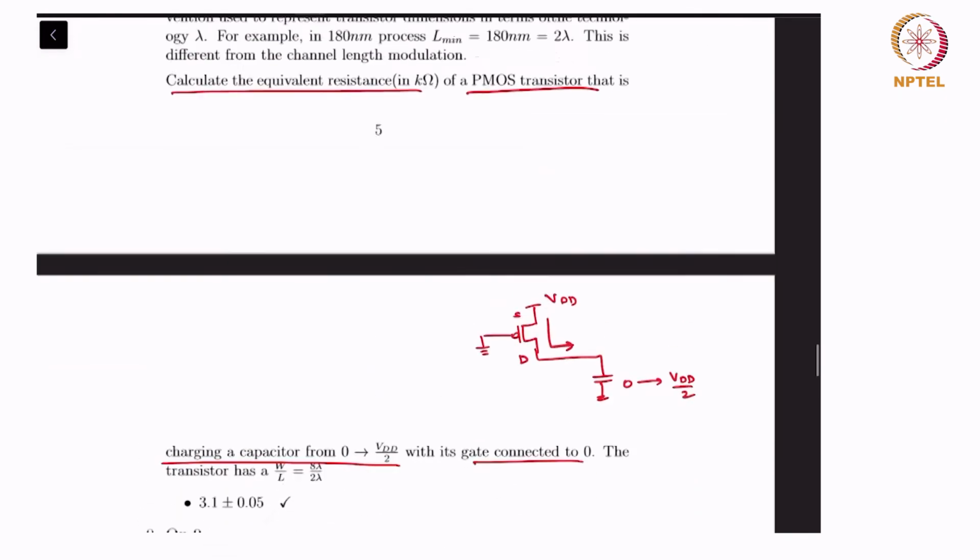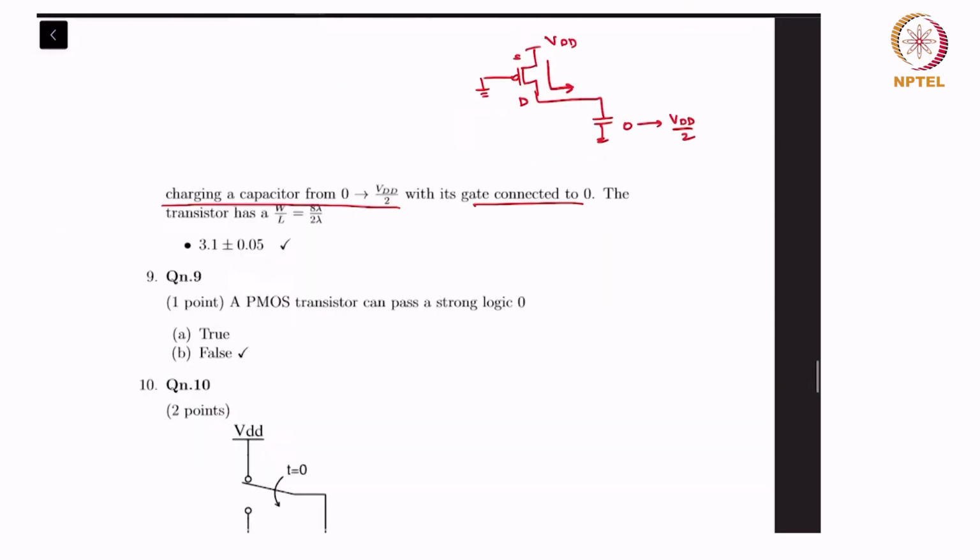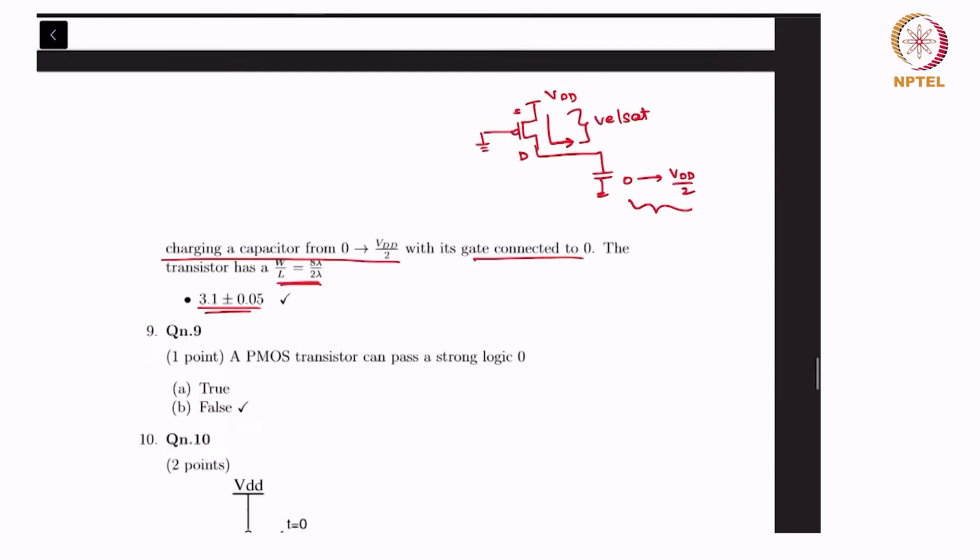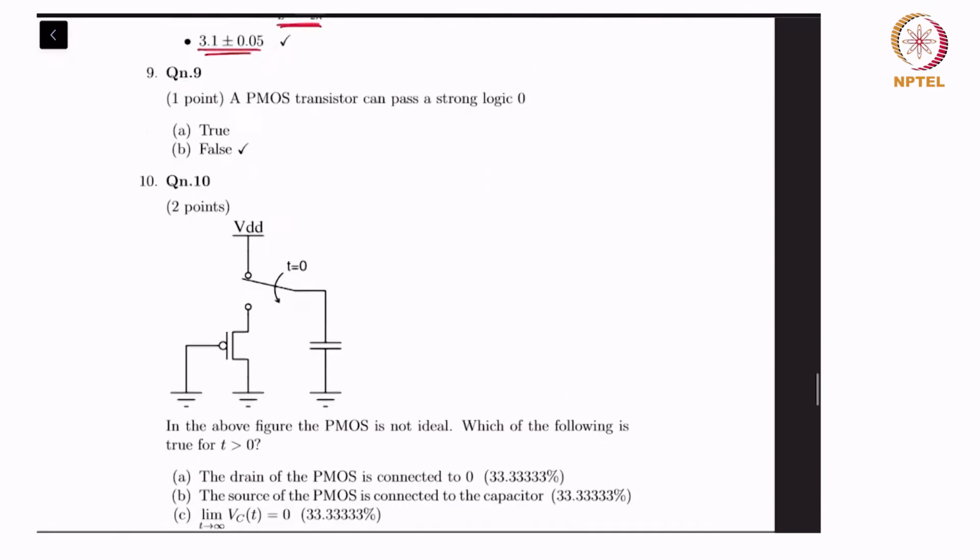Since the length is 2 lambda, it's L min, this device will be in the velocity saturation region for 0 to VDD by 2, and therefore it's a straightforward application of the equivalent resistance formula which is given in your notes. You will get the answer to be 3.1 kilo ohm. You'll get the answer within this range.